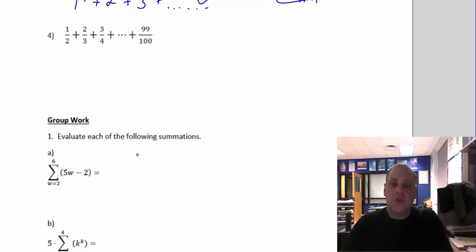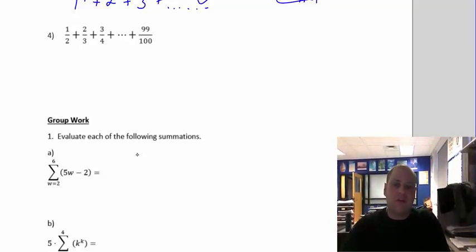And last one here. 1/2 plus 2/3 plus 3/4 plus and so on, plus 99 over 100. All that just means keep going until you get to 99 over 100. So the pattern is we're increasing by 1 on top, we're increasing by 1 on the bottom, but naturally that's what it's going to do when you plug in, starting with 1. And the bottom number is 1 more than the top number, or you could say the top number is 1 less than the bottom.